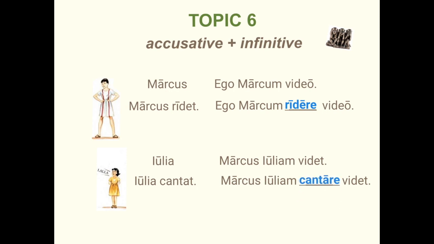And we're left with Marcus Juliam cantare videt. Marcus sees that Julia is singing, that Julia sings, or simply Marcus sees Julia singing. This is a big idea, and it's one, of course, that requires much more explanation. I have a whole tutorial that you can do on the side that explains this more thoroughly, and we'll also work on it, as I've said before, quite a bit in class.